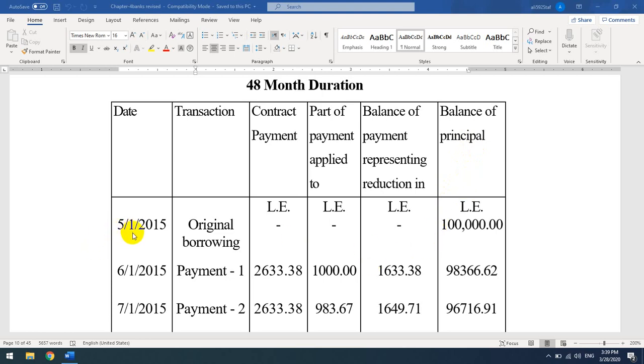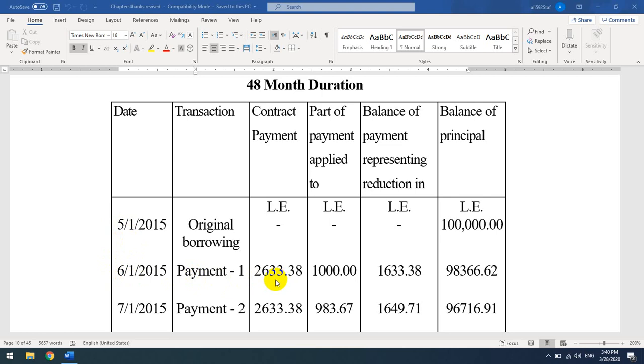On May 1st, 2015, the original borrowing amounted to 100,000 Egyptian pound over here. By the end of May and the first day of June 1st, Muhammad Ali has to pay the first monthly payment.